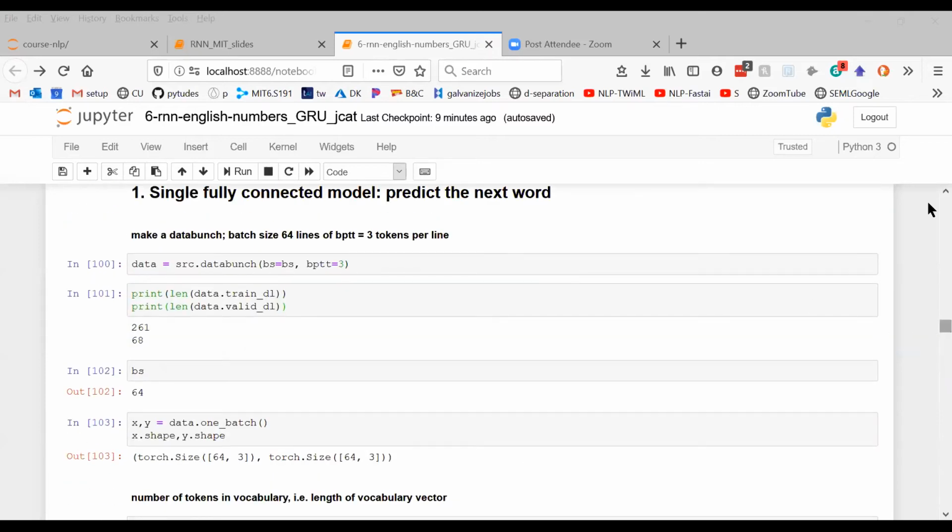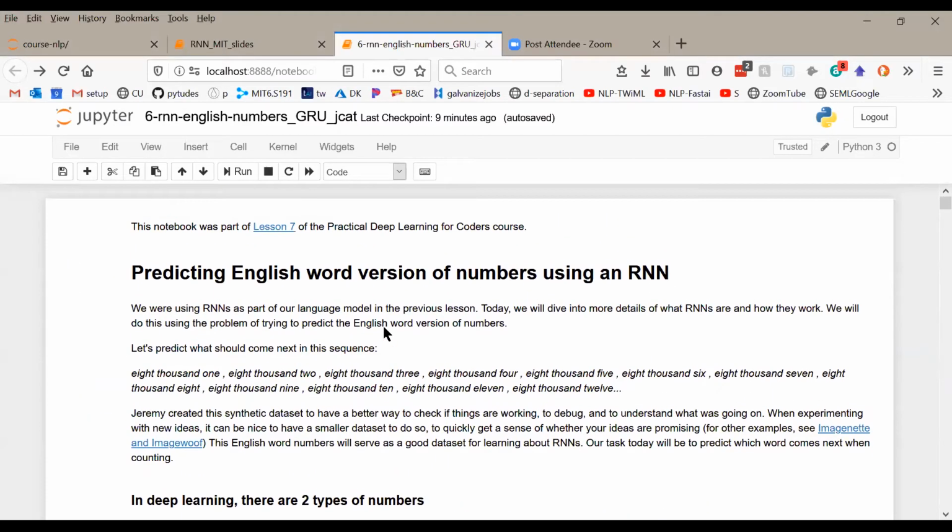Yep, seeing the notebook. Okay, so what I did was I took this notebook 6-RNN-English numbers, and there's another one called 6-RNN-English numbers underscore GRU, and I combined those in one notebook. Basically, the second notebook was just a few things added on to the first one.